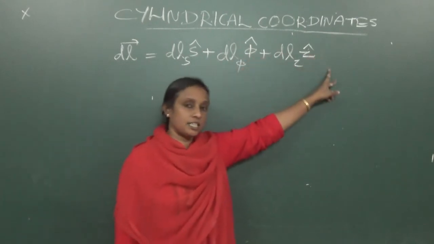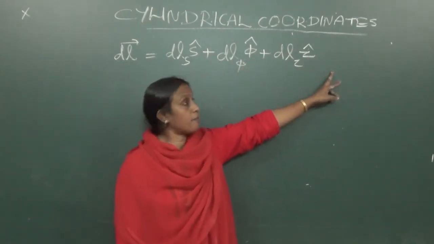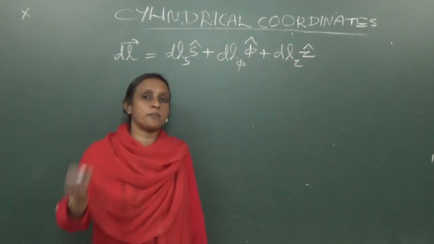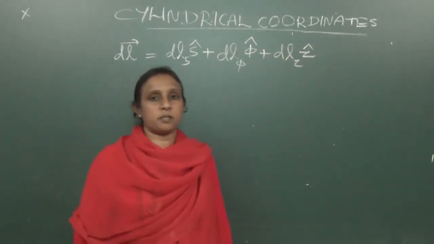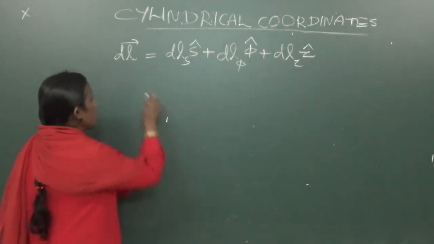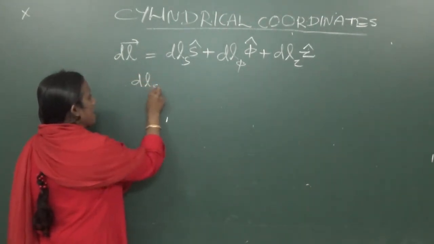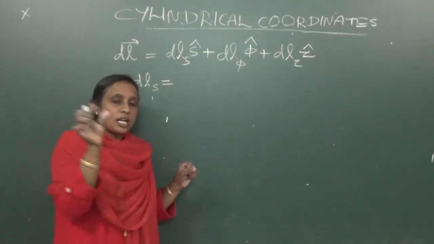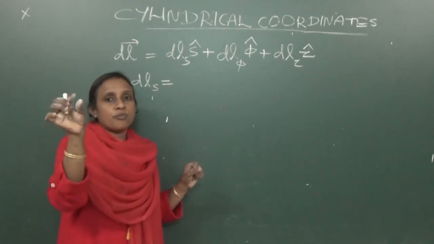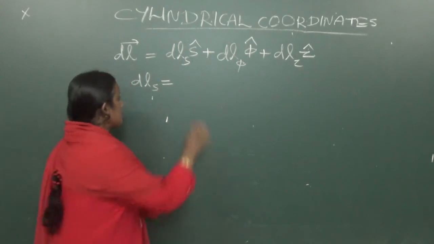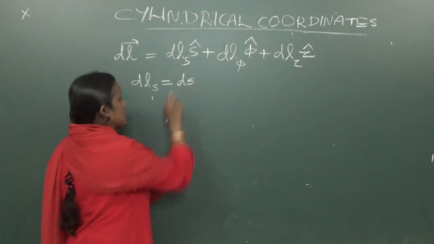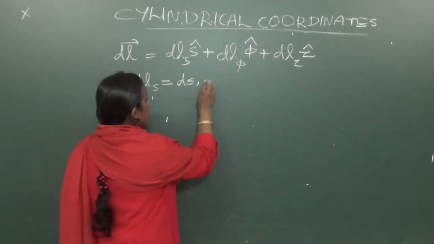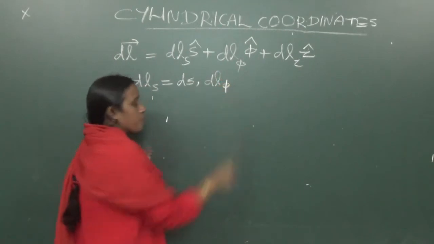Here s, phi and z are the different coordinates in the cylindrical system, and s cap, phi cap and z cap are mutually orthogonal basis vectors in this system. Now dl_s is the length element along the increment of s. It is the same as ds. Then what about dl_phi?